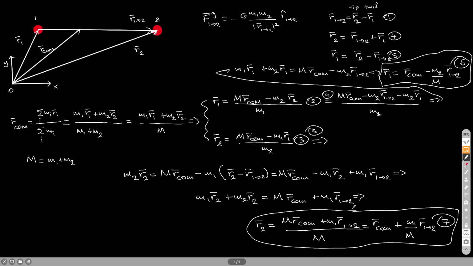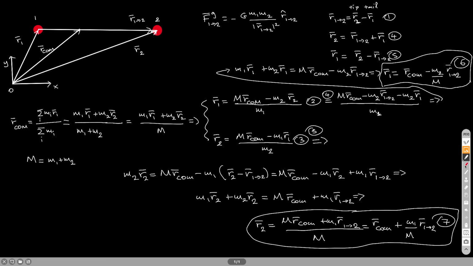So that's what I did here. I used the definition of the relative position vector from 1 to 2. I used the definition of the position vector of the center of mass, and I wrote the positions 1 and 2 as a function of the position of the center of mass and the relative position vector from 1 to 2.